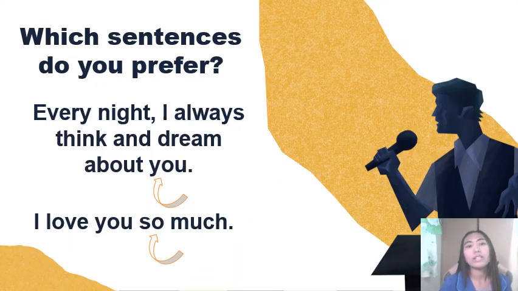Okay, so let's start with these two sentences. First, every night I always think and dream about you. And then the second sentence that I have here is I love you so much. So if you were the one to answer this question, which sentence do you prefer?